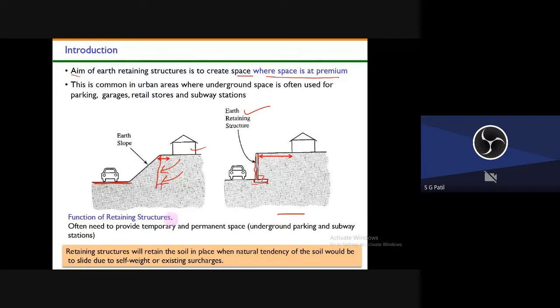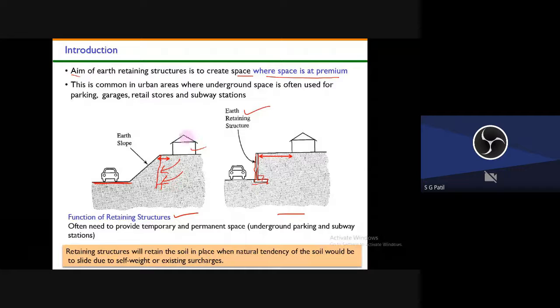So what is the function of a retaining structure? Often we need to provide a temporary and a permanent space for underground parking or subway stations. The retaining structures will retain the soil in place when the natural tendency of the soil would be to slide due to self-weight or existing surcharge load.